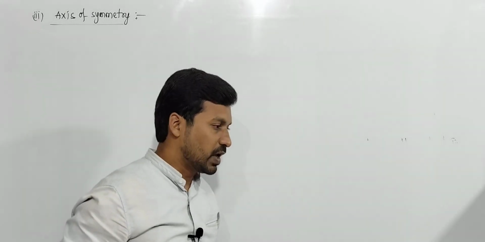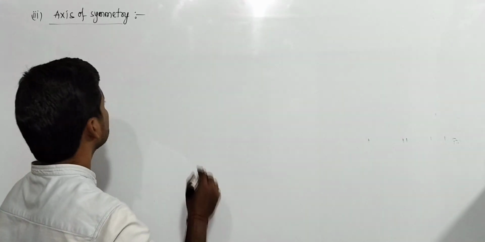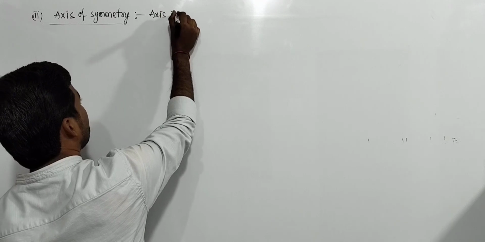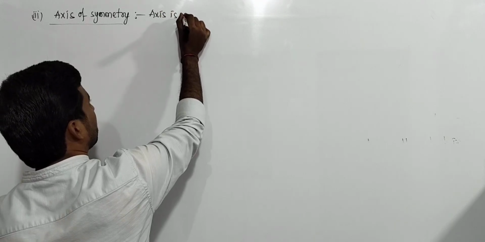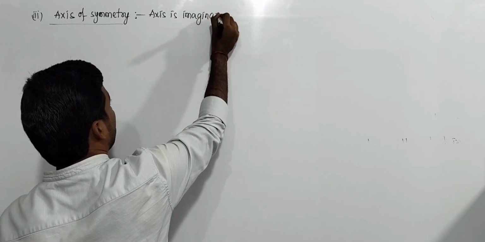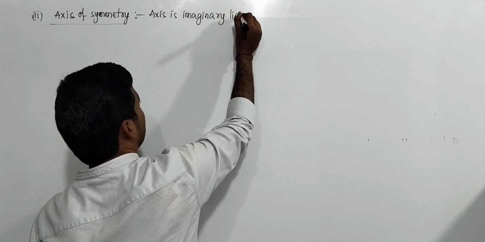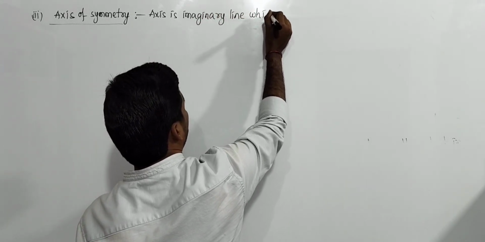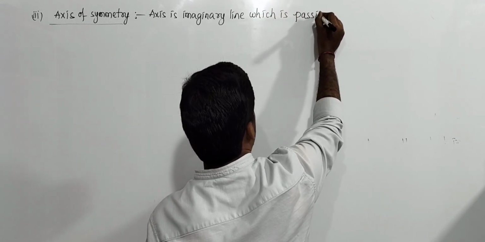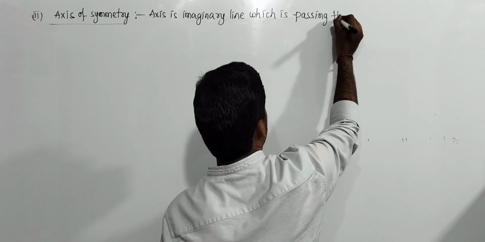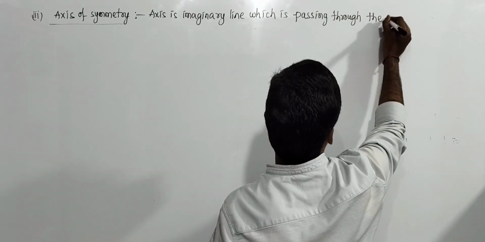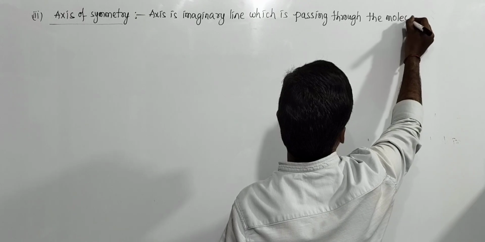An axis is an imaginary line which is passing through the molecule.